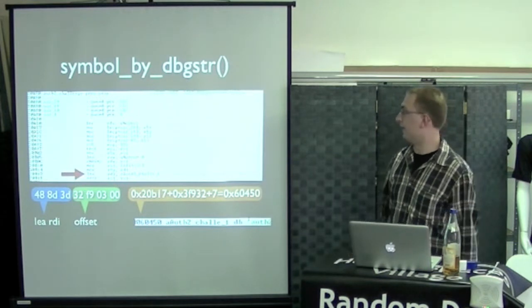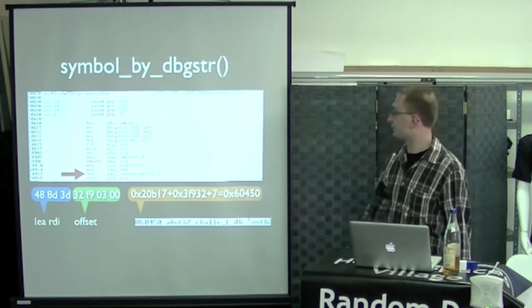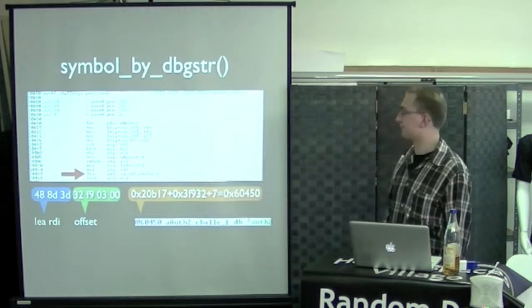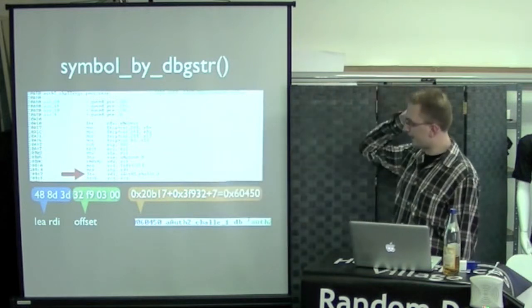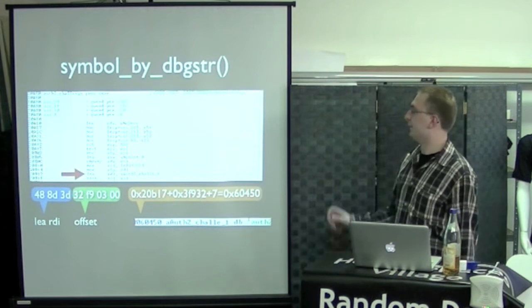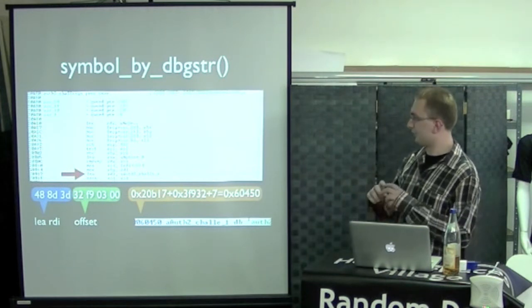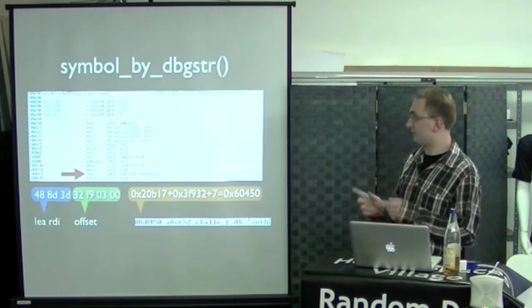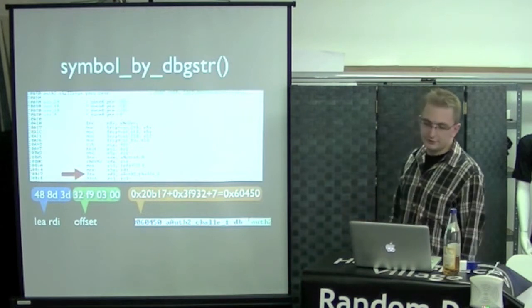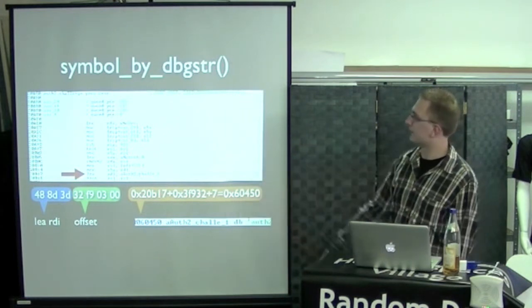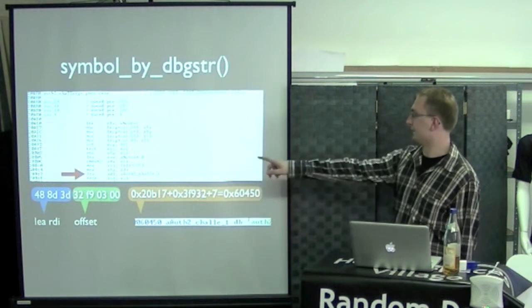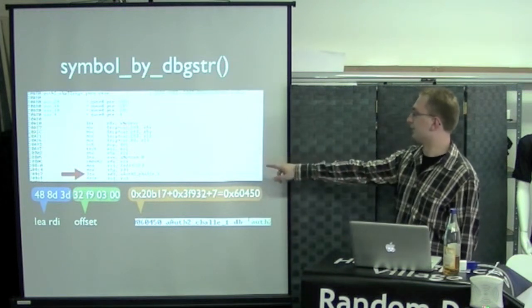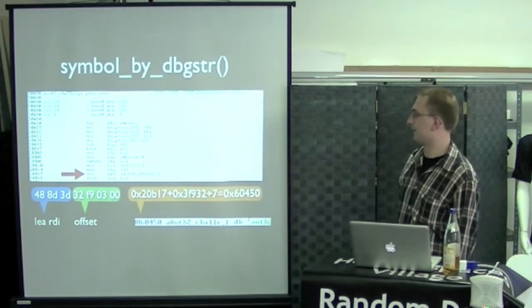So what we can do now is search for this string in memory, then we know where that string lives. Then we search the entire executable region of memory for a certain opcode pattern that loads that pointer into RDI. If you look at the hex in the lower left corner, that's basically the load effective address instruction we see with the arrow there.